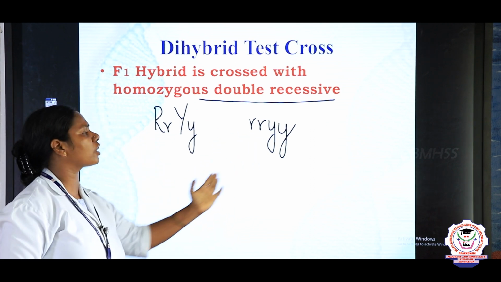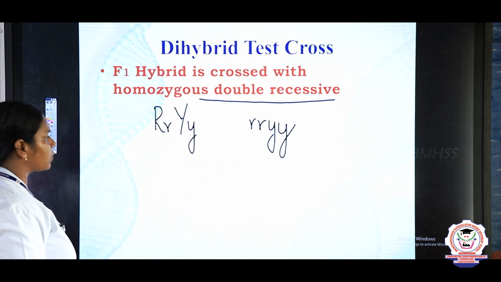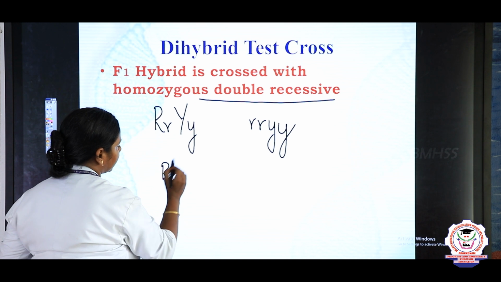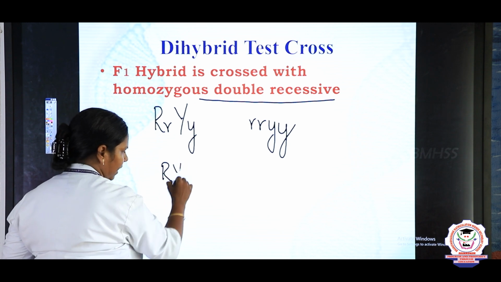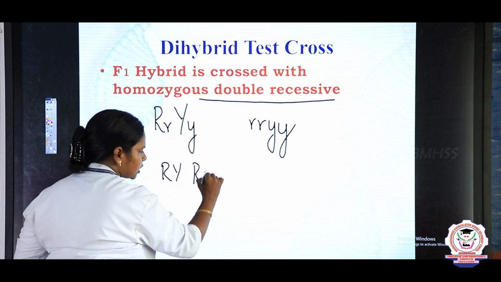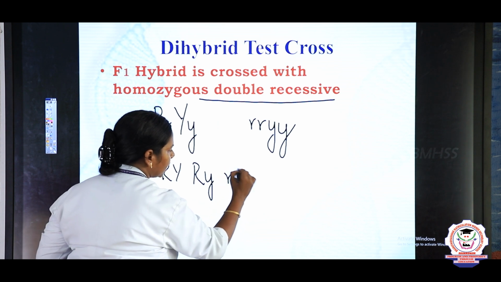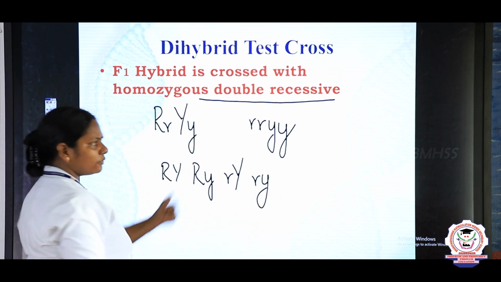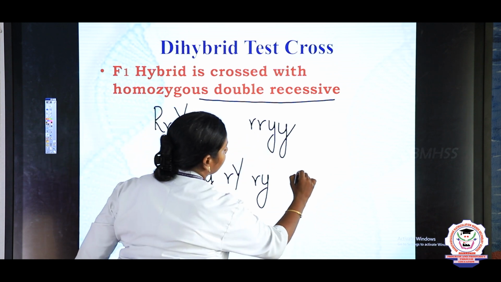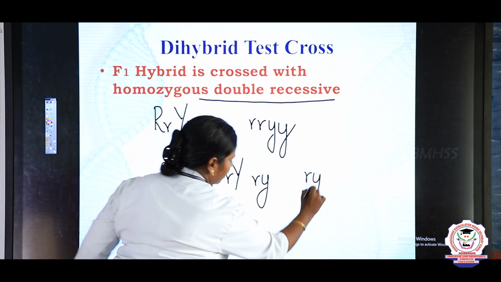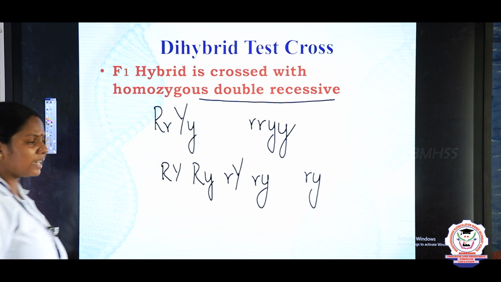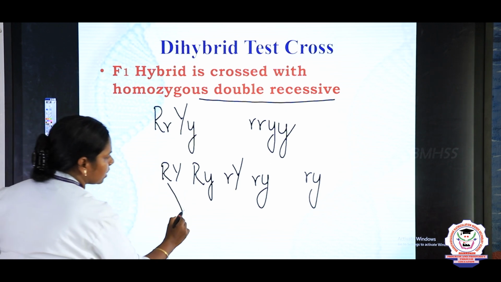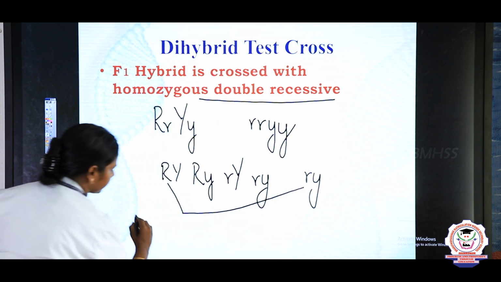And now if we cross this, what are all the gametes you get? From here you get capital R, capital Y, capital R, small y, small r, capital Y, and small r, small y. And from this we get only small r, small y. When we cross this, just imagine, what will you get?